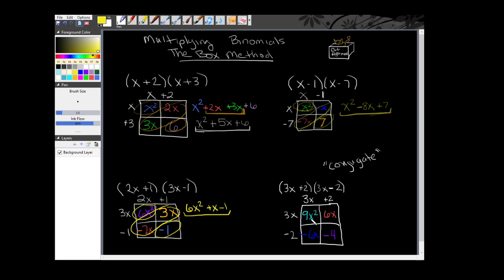So when I go to collect these terms, I have my 9x squared. But when I get to my linear term, I have a negative 6x and a positive 6x. So when you add something and subtract that same value, they completely cancel each other out. You will find that that happens every single time that you have conjugates occurring.